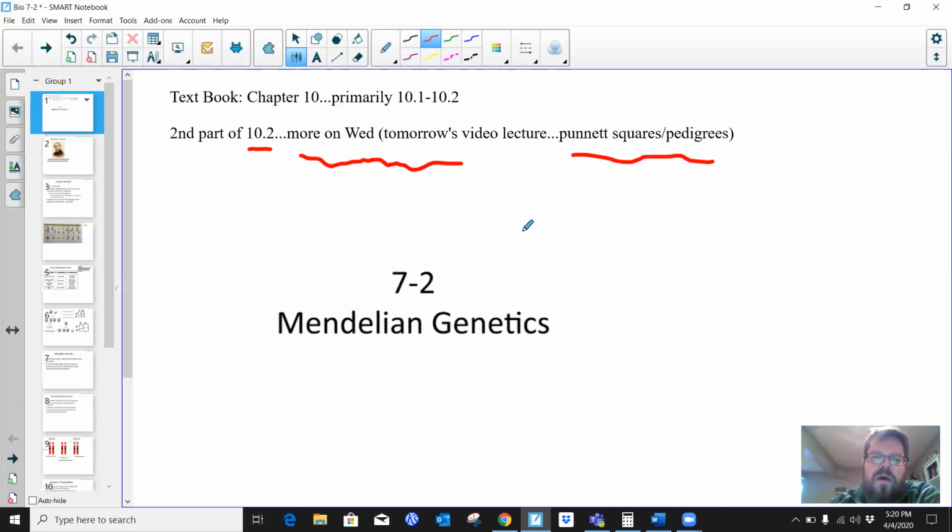Today we're setting up a little bit about who Gregor Mendel was, and the concepts that he contributed to what Mendelian genetics is. So that's where we're at today, primarily in section 10.1 and the first half of 10.2.